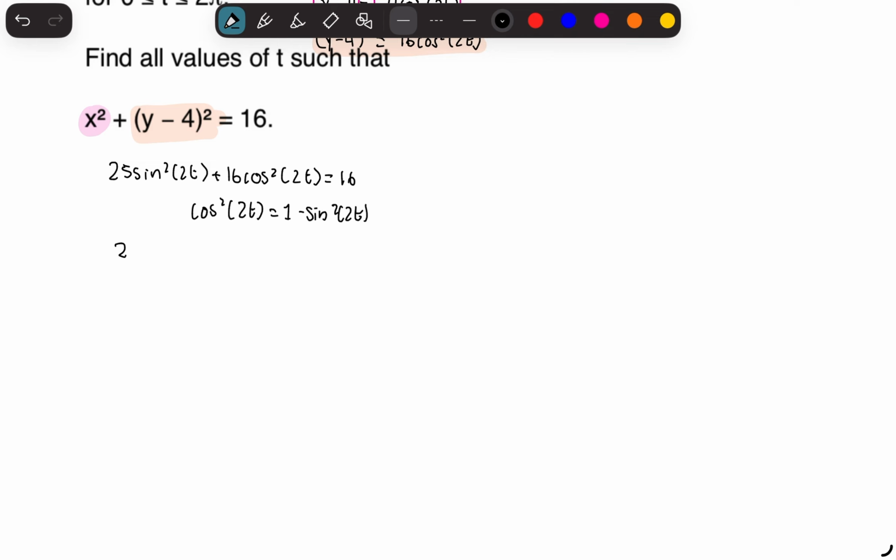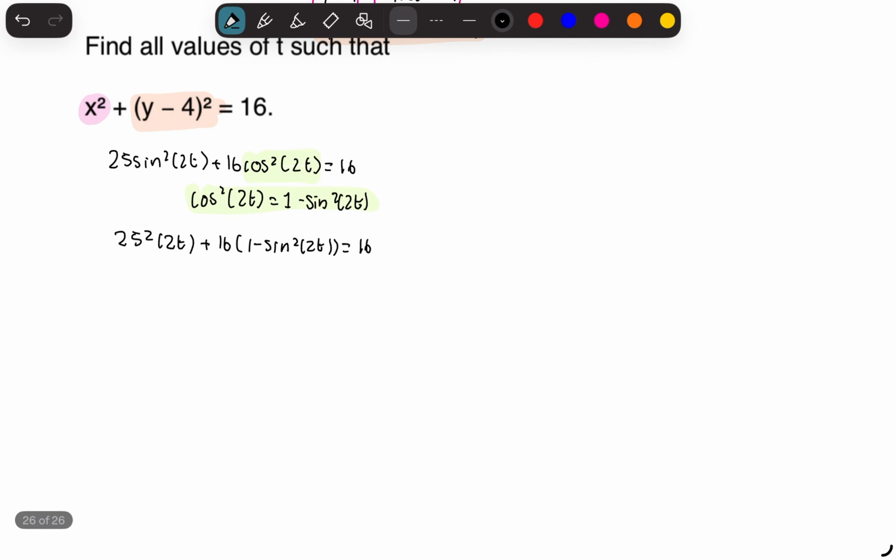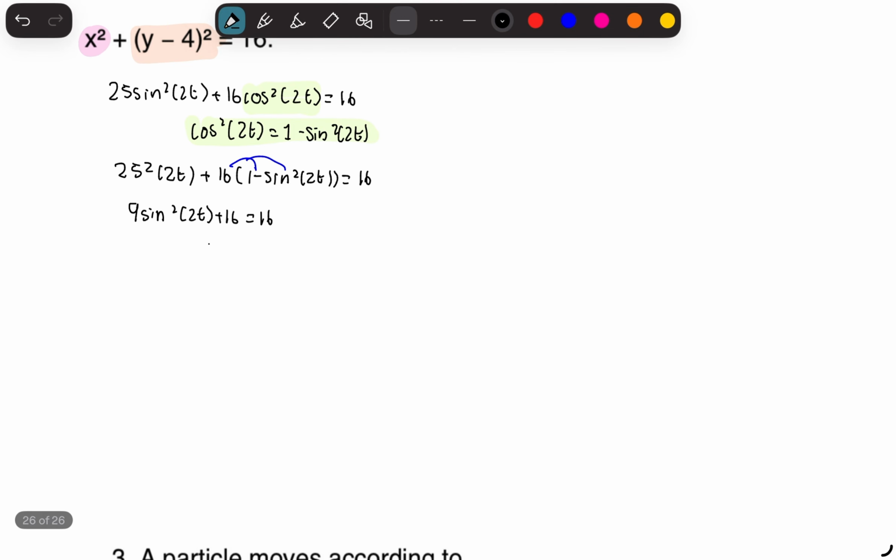So 25 sine squared 2t plus 16, now we can replace that cosine squared 2t like we have been doing, and that is 1 minus sine squared 2t, is equal to 16. Now you just distribute, and that is going to be 9 sine squared 2t plus 16 is equal to 16.